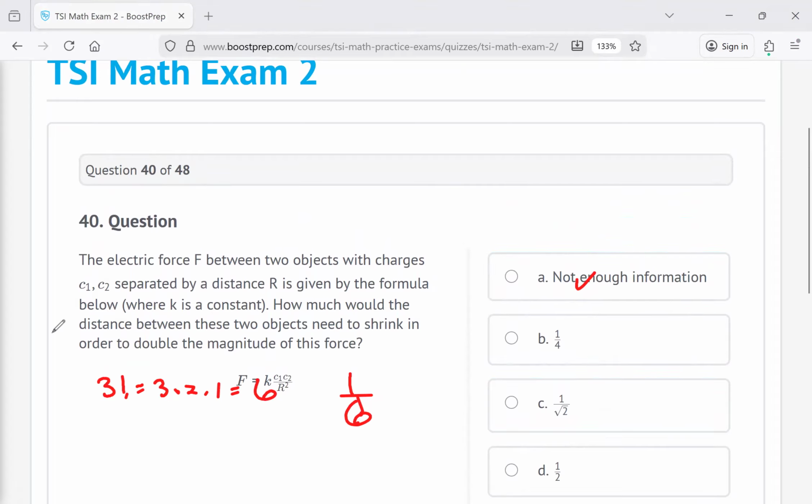Okay, the electric force F between two objects with charges C1 and C2 separated by a distance R is given by the formula below, where K is a constant. How much would the distance between these two objects need to shrink in order to double the magnitude of this force? So, what do you do?